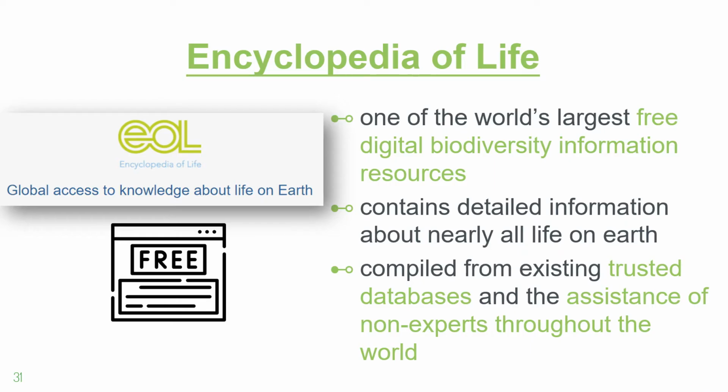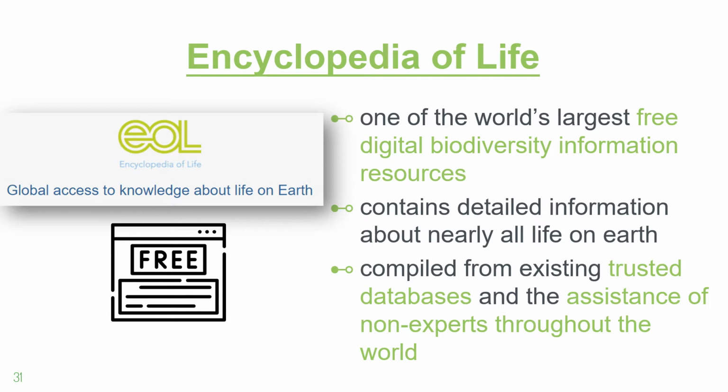The next resource I would like to introduce is the Encyclopedia of Life, EOL for short. The EOL is an open access database and has grown to become one of the world's largest free digital biodiversity information resources, which curates information on nearly 2 million species.